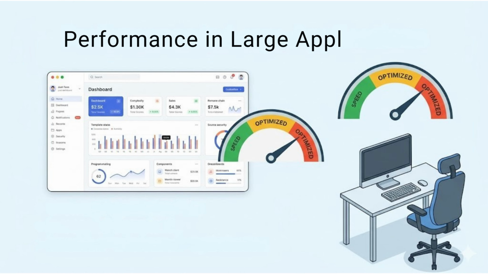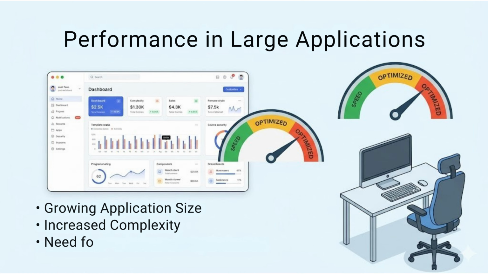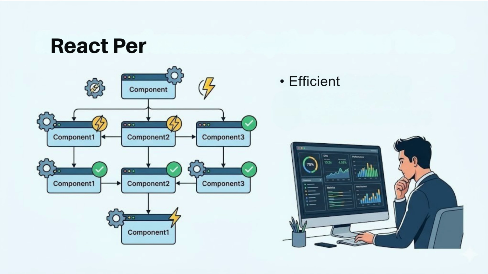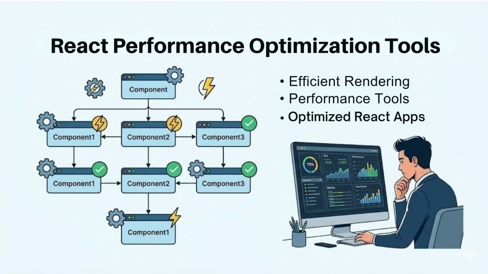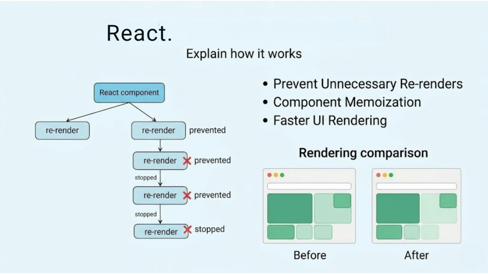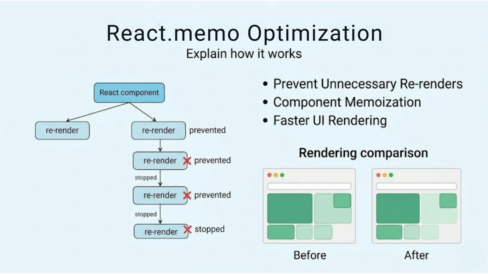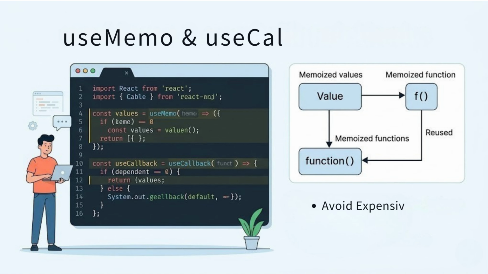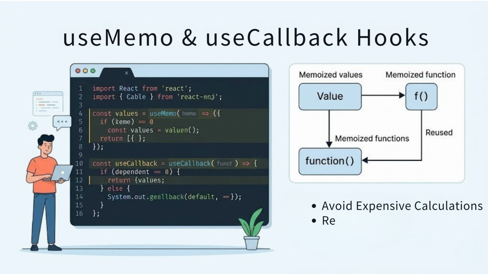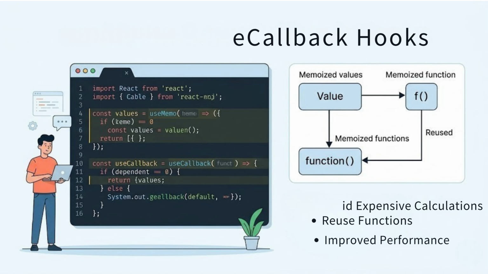Performance optimization. As applications grow, performance becomes very important. React provides several tools to help optimize performance. For example, React.memo prevents unnecessary component re-renders. Hooks like useMemo and useCallback help avoid expensive calculations and repeated function creation.